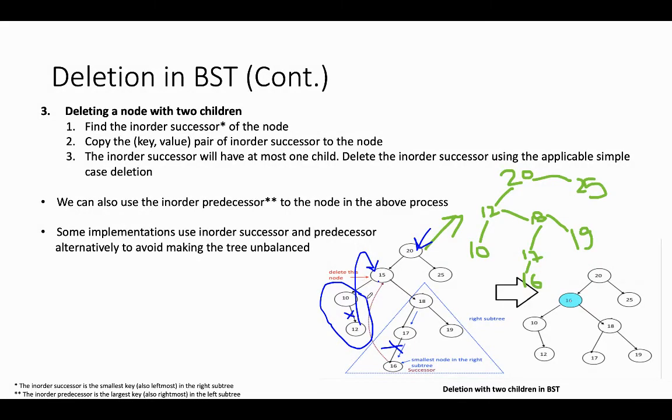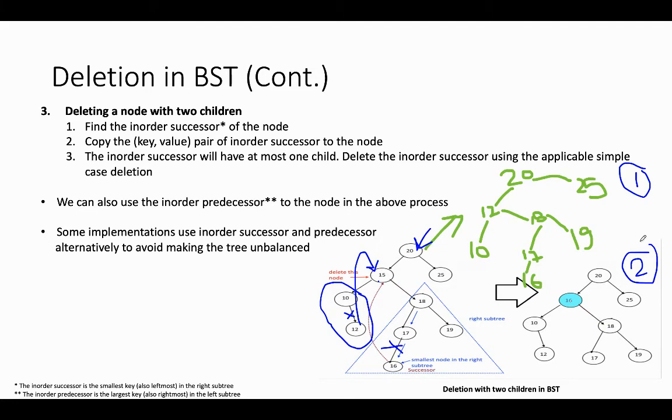Once we perform this, we will find that this is the resulting tree which is rooted at 20, and the left child is 12, and the remaining of the tree is intact. So now both the answers, the tree 1 and tree 2, are correct for deleting a key 15 in this given tree. Both of them follow the binary search tree properties, and we can go either way.